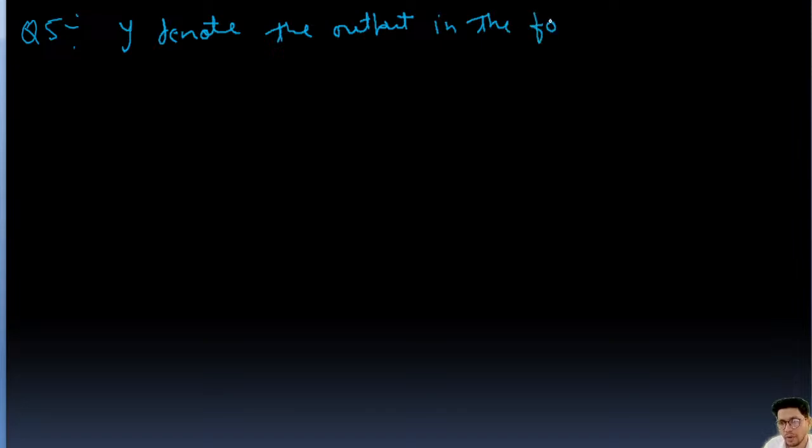So the first question of part C, that is question number 5, is from digital electronics, from logic gates. The question is, Y denotes the output in the following logical circuit.